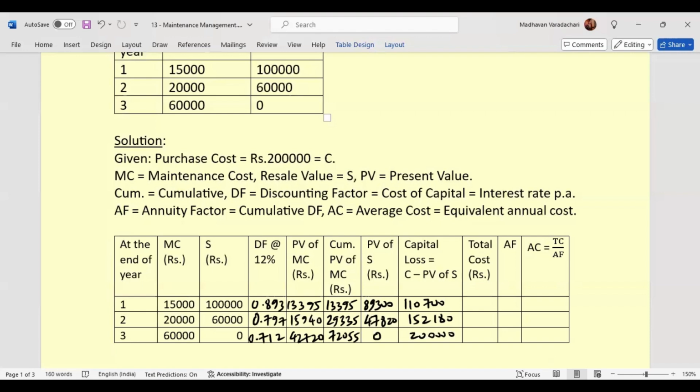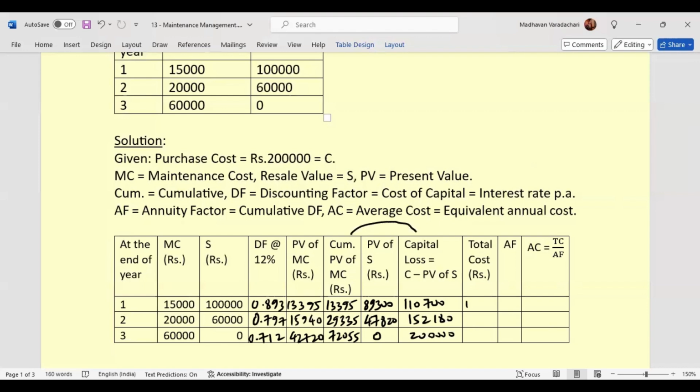Total cost will be this capital loss plus 13,395, means this cumulative present value of maintenance cost plus this. We get the total cost. This plus this.